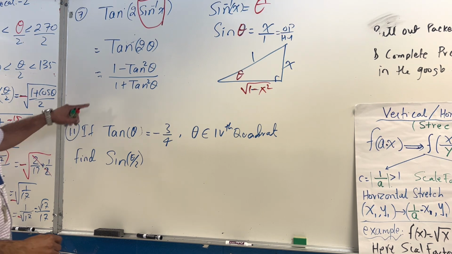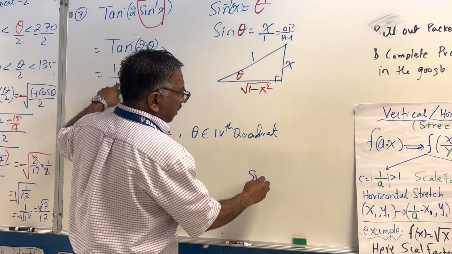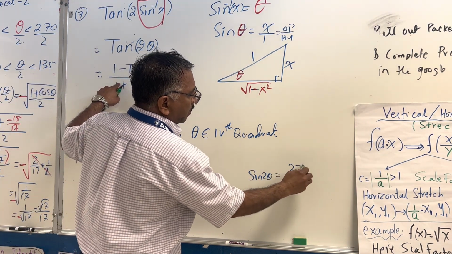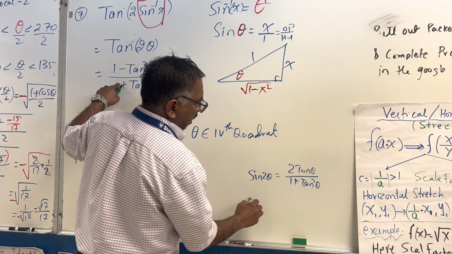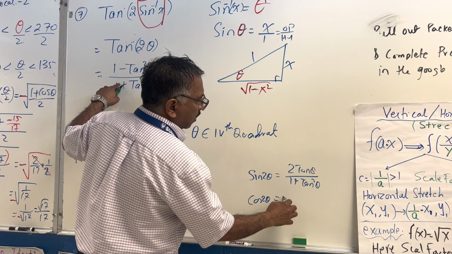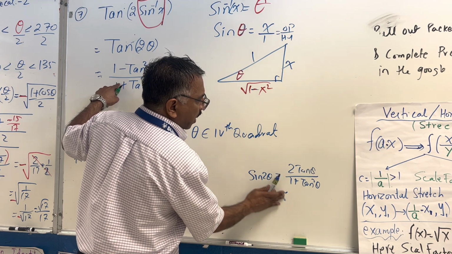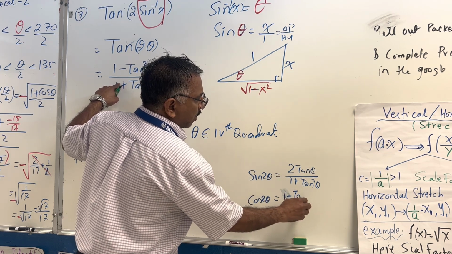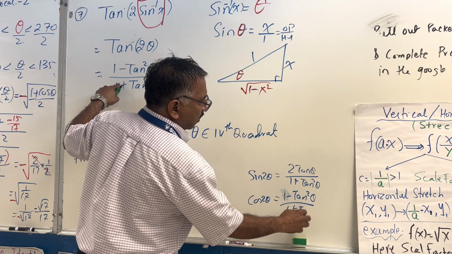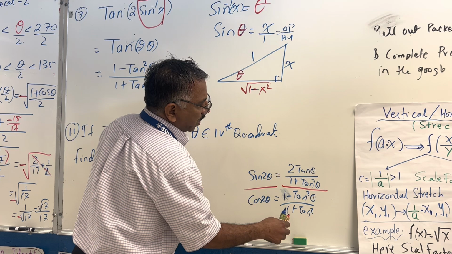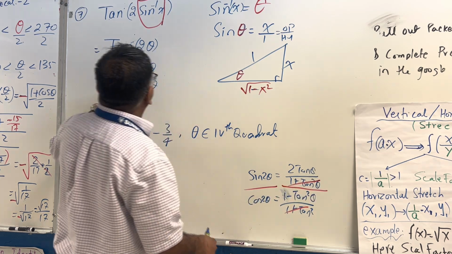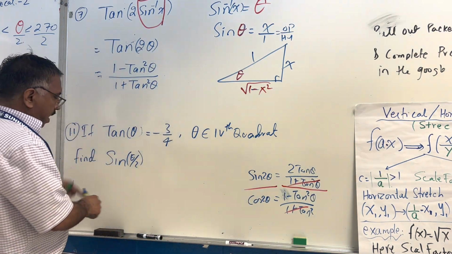And the reason is, sine 2 theta is 2 tan theta over 1 plus tan squared theta, and cosine 2 theta is 1 minus tan squared theta over 1 plus tan squared theta. And when you divide this way, the denominators cross off, and you get 2 tan theta. I made a mistake here.